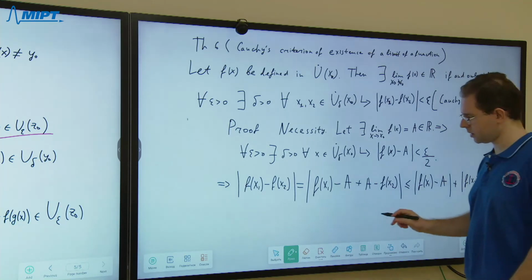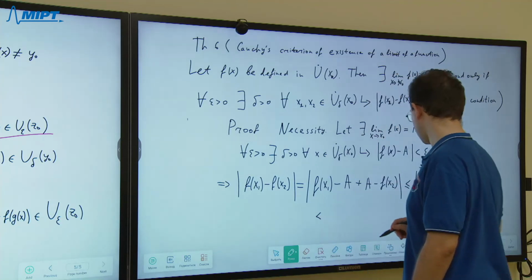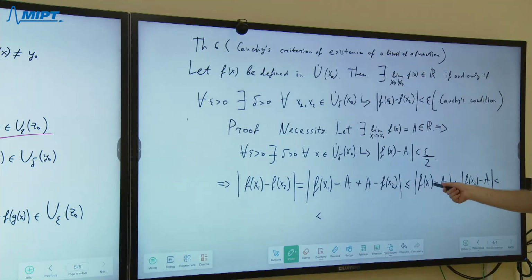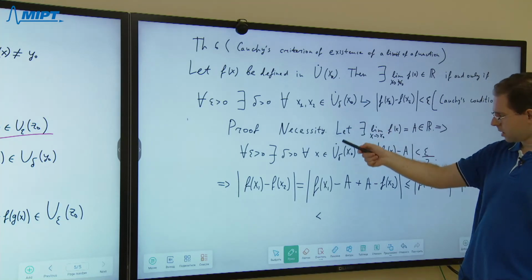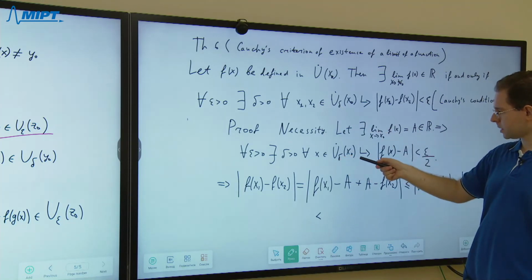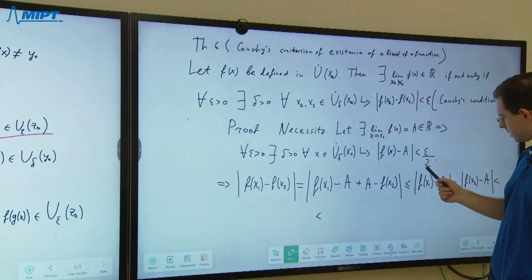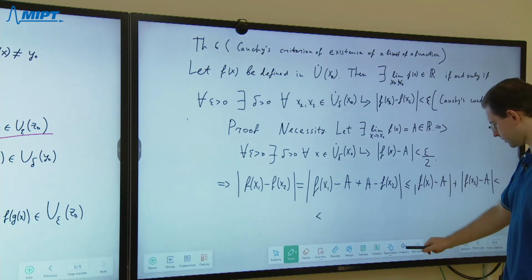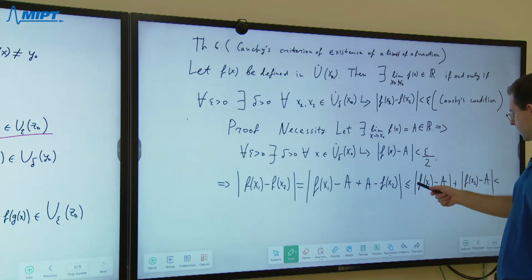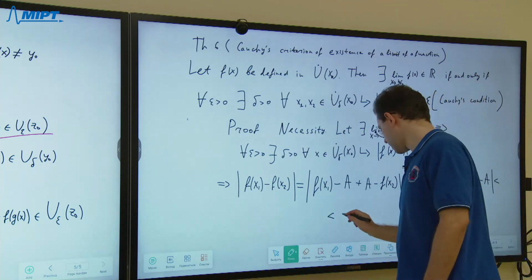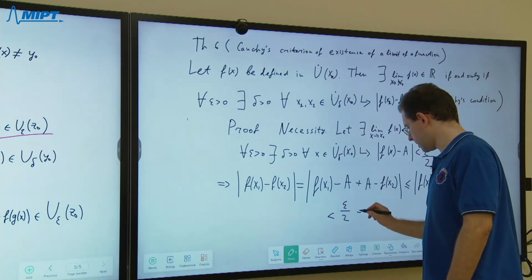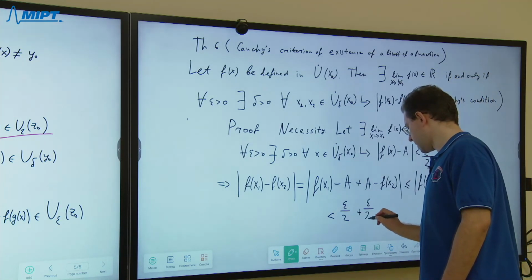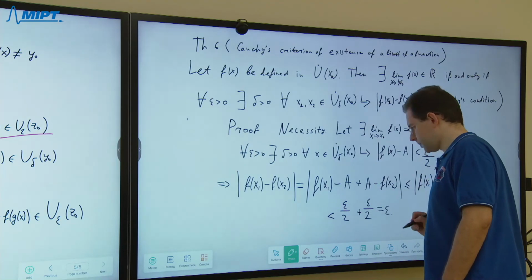And this is less than. So x1 is some number from this deleted neighborhood, and for any number from this deleted neighborhood, this expression holds. So this first term is less than epsilon divided by 2, and similarly the second term is less than epsilon divided by 2, which is just epsilon.